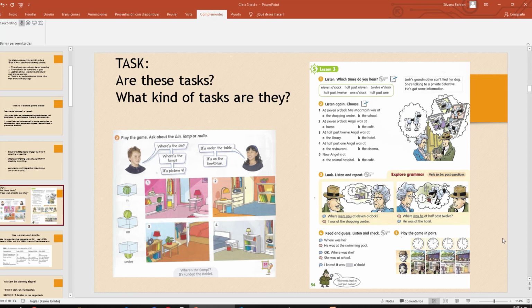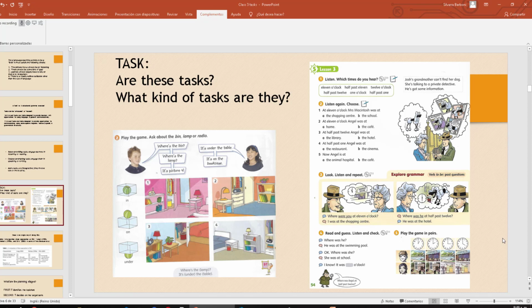Once again, students have to listen and tick. In this particular case, it's once again focused, because the task consists of focusing on specific places, and it is once again input providing.